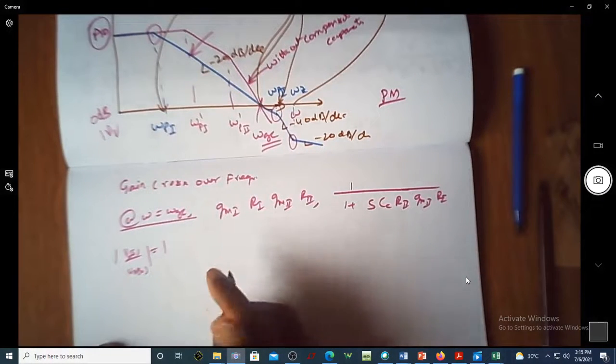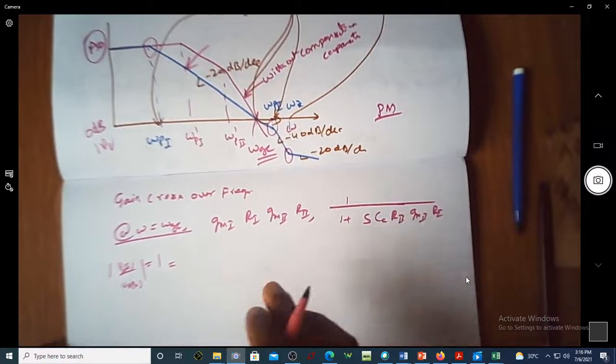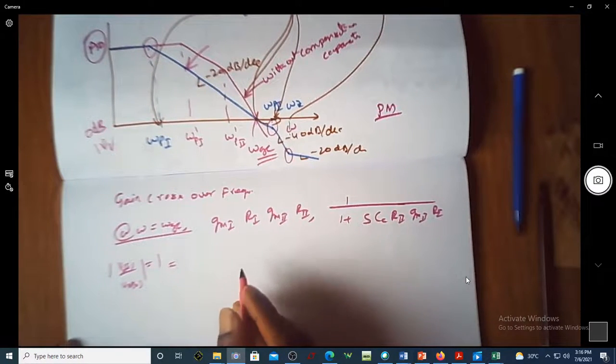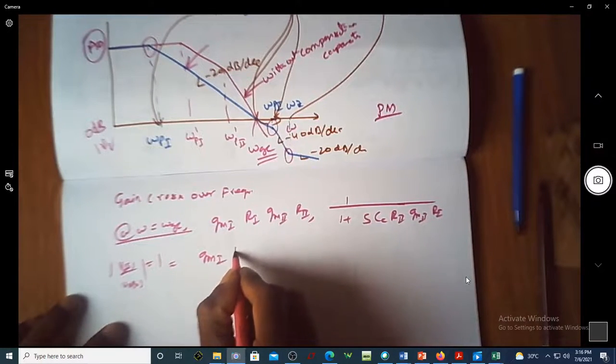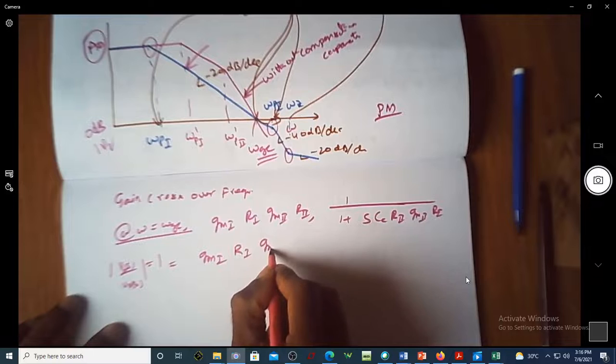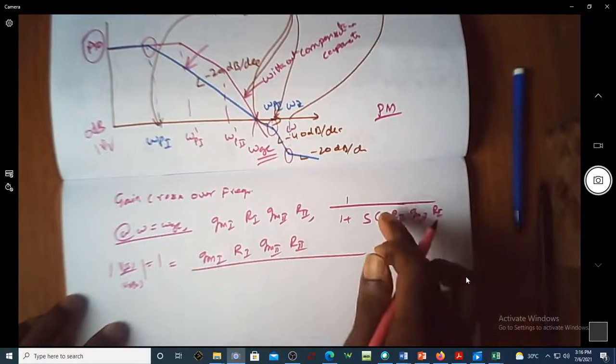So what you can do is simply equate this to 1 and try to get the expression for omega GC. So now it is GM1 R1 GM2 R2. What is the magnitude of this one?